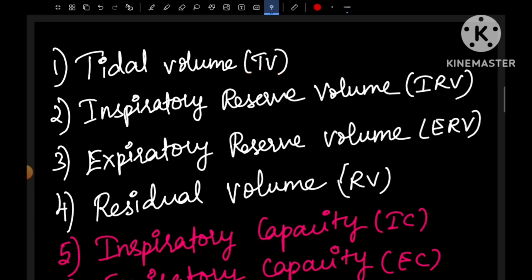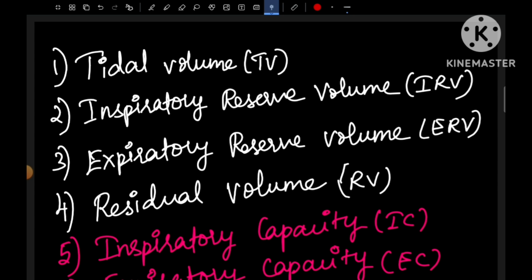Next, that is inspiratory reserve volume. See guys, while we take inspiration, you know that there is a normal inspiration which we do, and there is another maximal amount which we can inspire. We should not confuse it with many other things like forced expiratory volume.